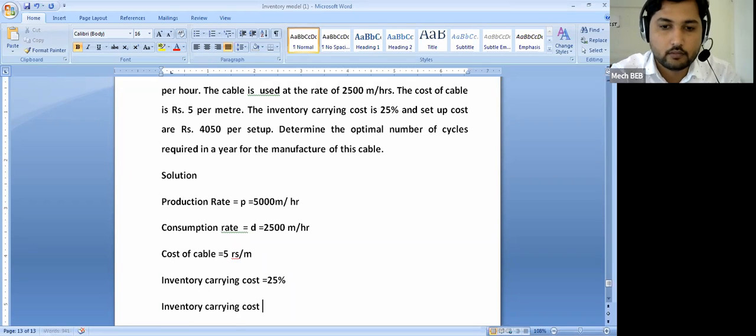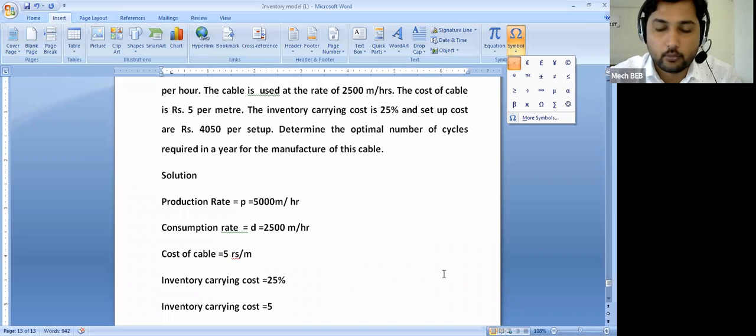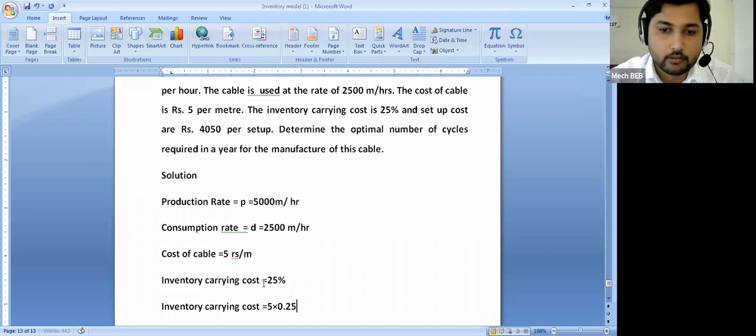The cost is equal to 25% of 5 rupees. So the inventory carrying cost will be 5 multiplied by 0.25.